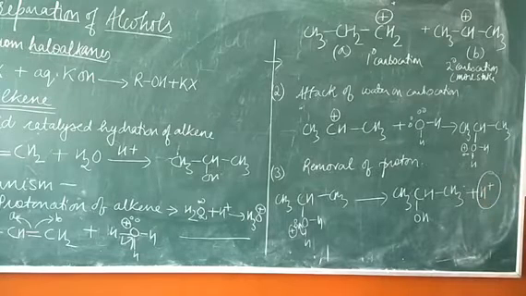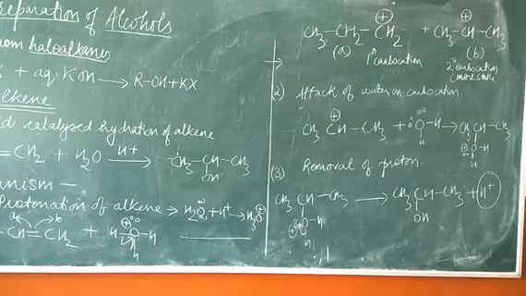So this H positive, student, is getting removed. Right. So in this way we will show the product formation of the alcohol when the acid catalyzed hydration of unsymmetrical alkene will take place.